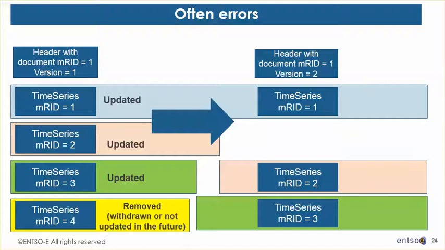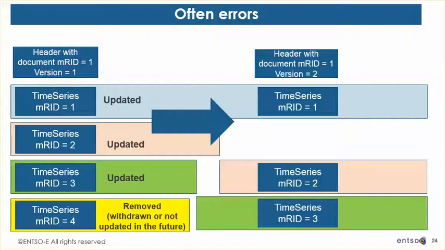Maybe you want to withdraw this time series ID, but it will not be withdrawn. What will be withdrawn is time series ID 4. This is what's happening, and it's really difficult to find what went wrong. It takes a lot of time, and from the user perspective, that's really, really difficult.